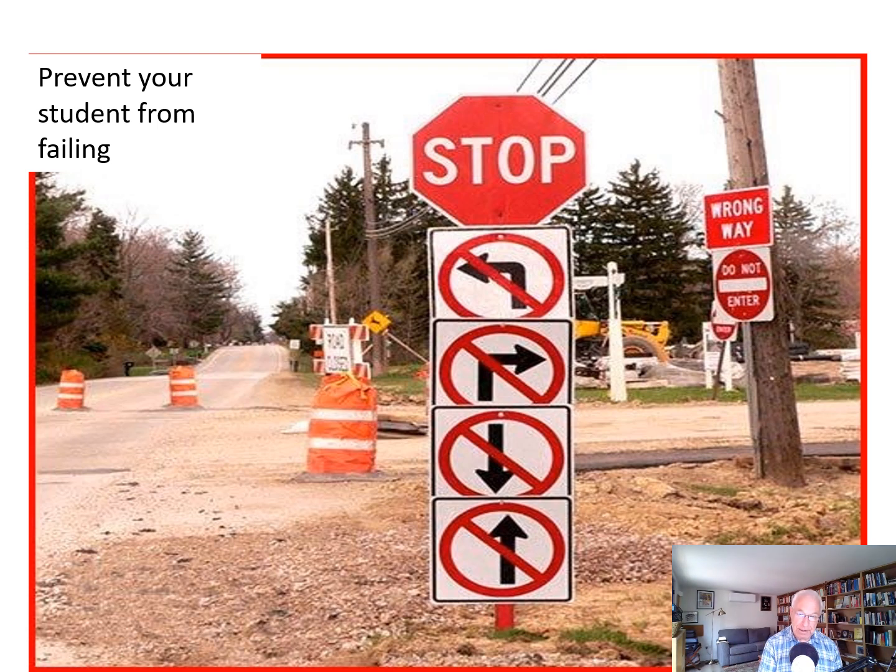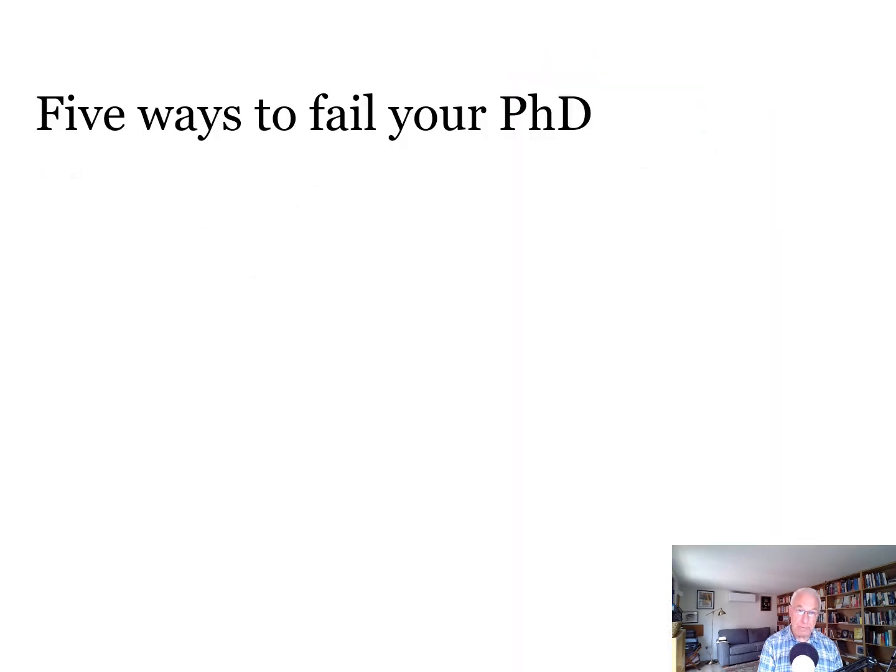We must explain to them that if they're serious about this, there are ways that a PhD can be failed, and we want to avoid doing that. And this is taken from somewhere on the internet, and it's 5 ways to fail your PhD, and we should be sure that we're avoiding these, obviously, and we should be telling the students that they need to avoid these pitfalls.